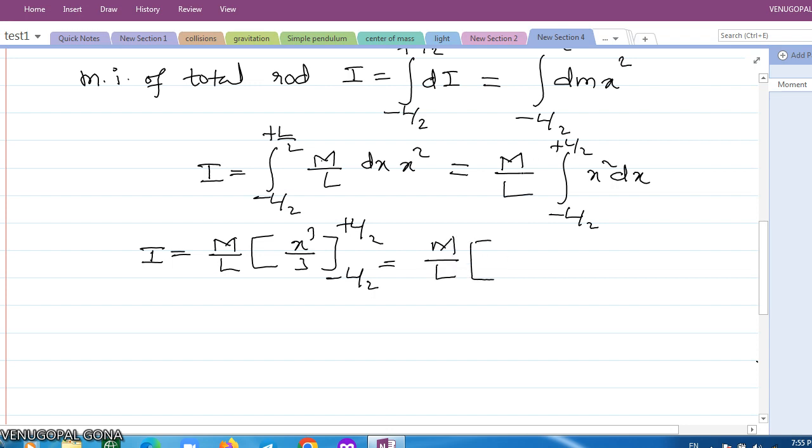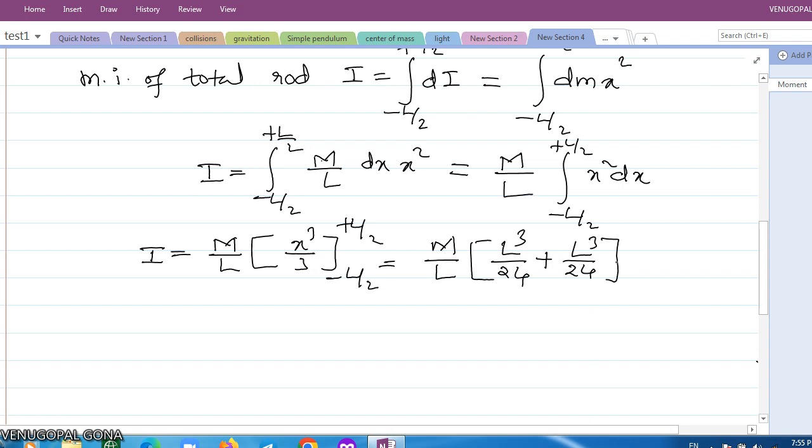In this x cube by 3, in place of x you substitute L by 2. So what do you get? L cube, and 2 cube is 8, and 8 times 3 is 24. So I get L cube by 24, and minus, again this minus L by 2 is there, minus L cube, so it becomes minus of minus, plus, so it is L cube by 24 again.